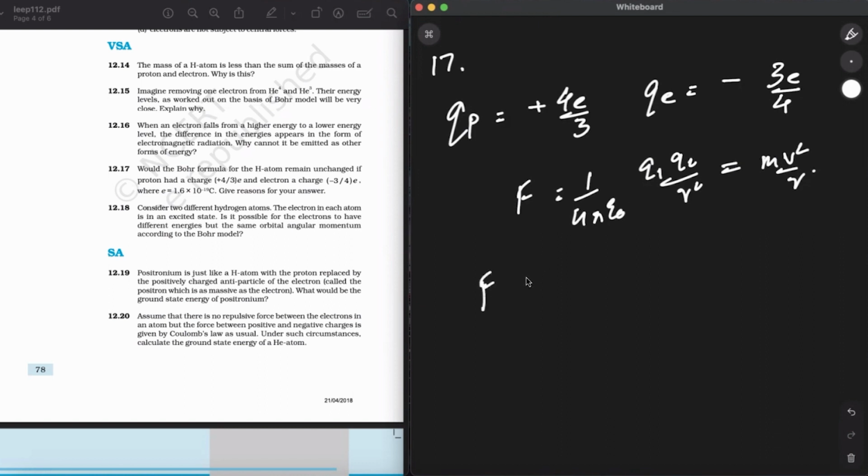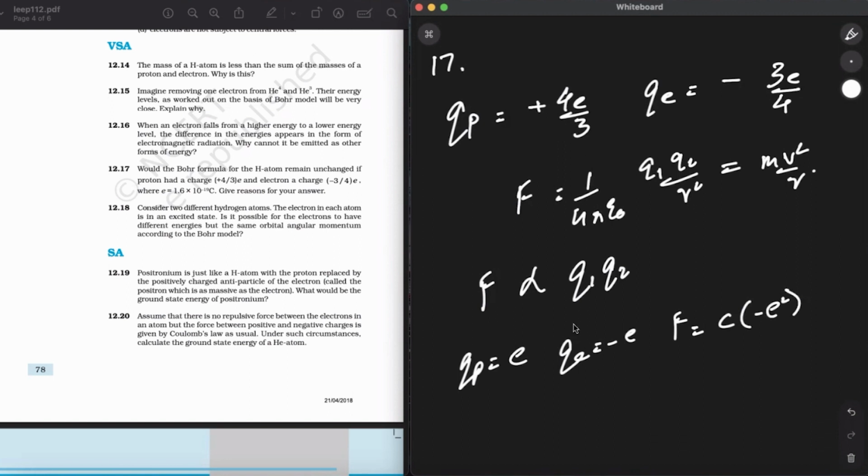Since F is directly proportional to the product of Q1 and Q2, if the proton has a charge e and the electron has a charge of minus e, then the force will be some constant C times minus e square. In the given case, QP is plus 4e by 3 and QE is minus 3e by 4.